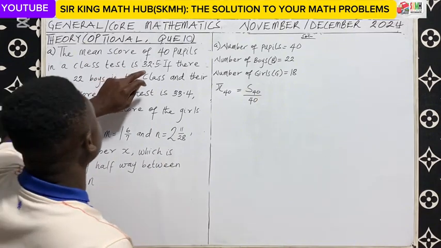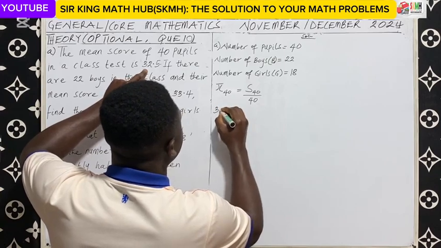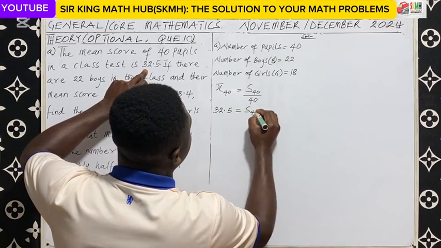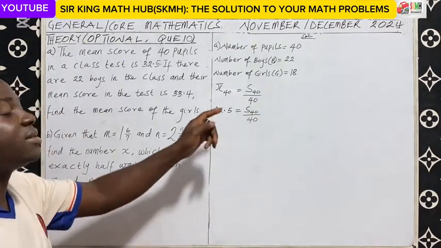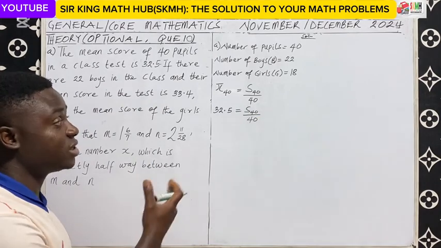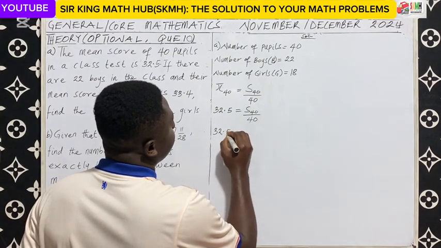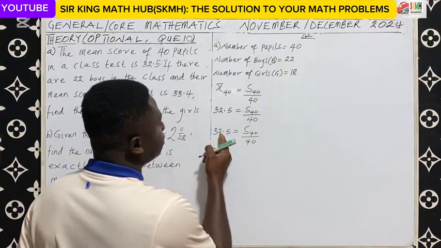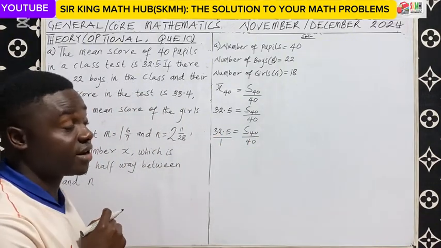Now, their mean score in the test was 32.5, and this should be equal to the sum of the individual scores of the 40 people divided by 40. So now let's make the sum of the individual scores of the 40 people the subject. 32.5 is the same as 32.5 divided by 1.